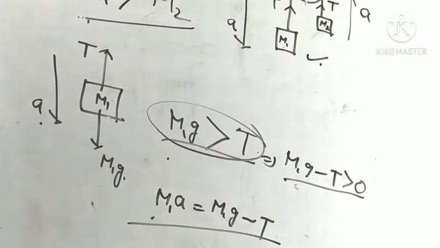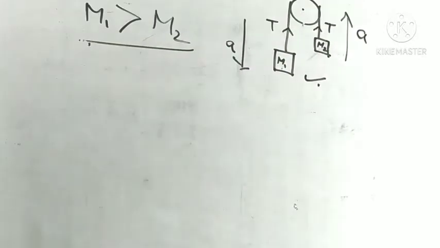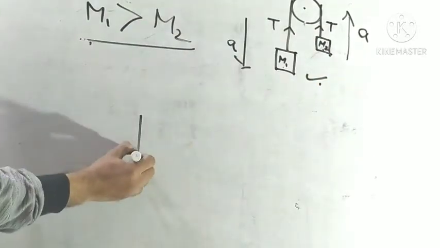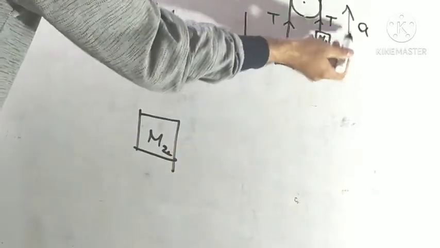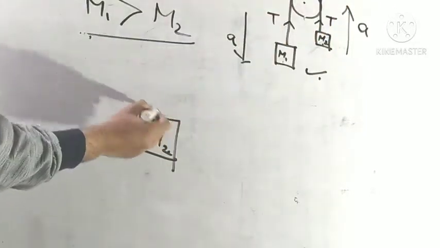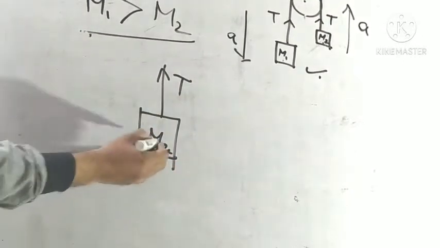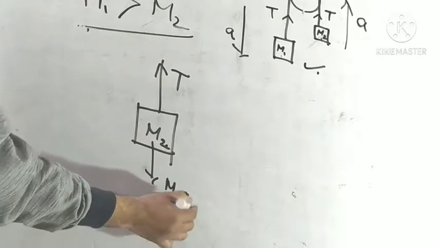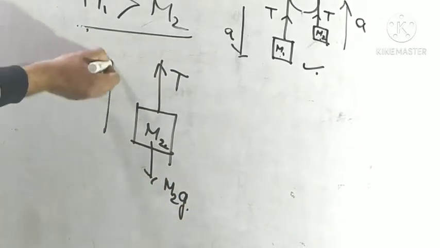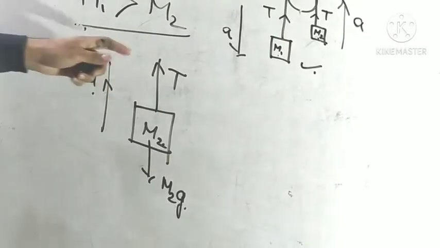Okay, this is the net force working on this body. Similarly, we take the second body, m2. This body will move vertically upward. Tension T acts in the string, and the weight of this body, m2g, always acts vertically downward.